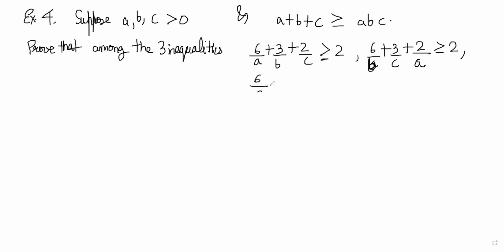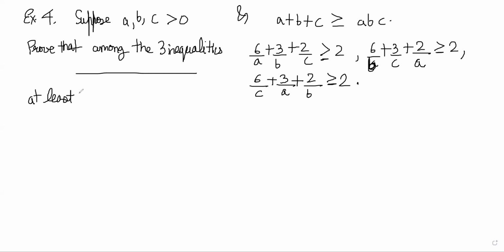And finally 6 by C plus 3 by A plus 2 by B is greater than or equal to 2. Prove that among the three inequalities, at least two are valid. We need to show that at least two are valid.